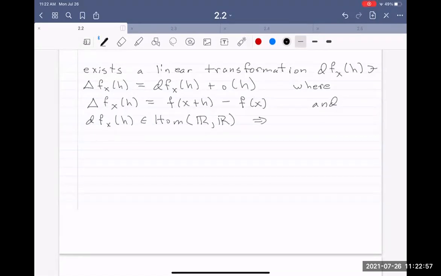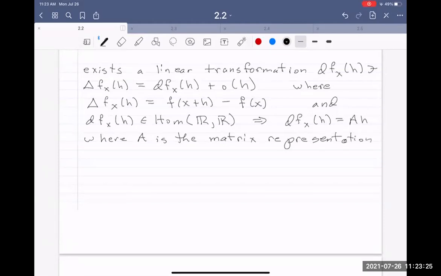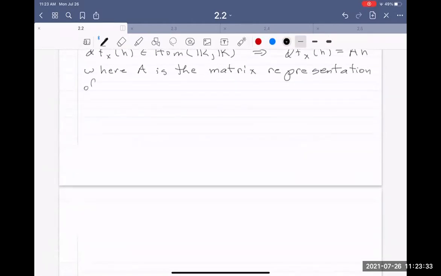So df sub x at h is equal to some matrix A times h, where A is the matrix representation of the linear transformation.